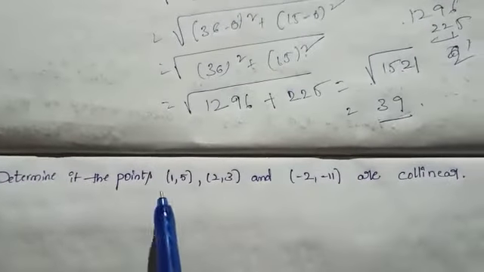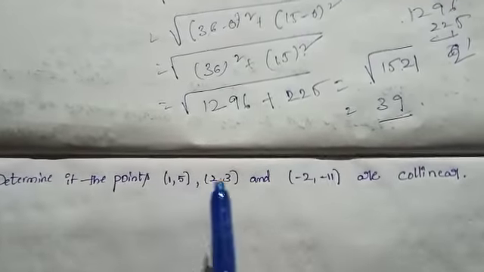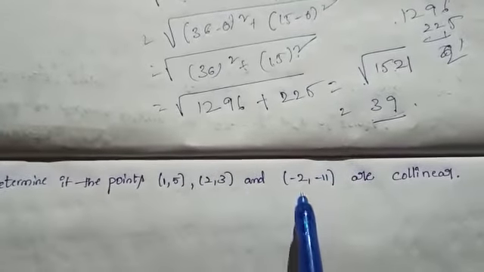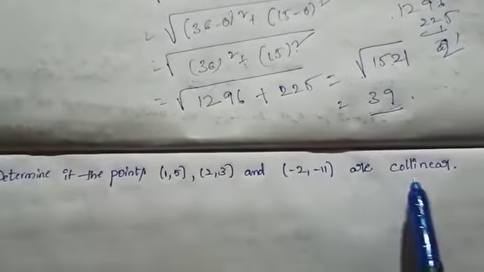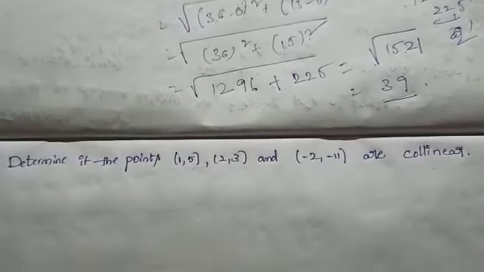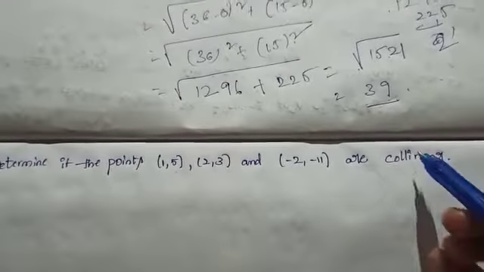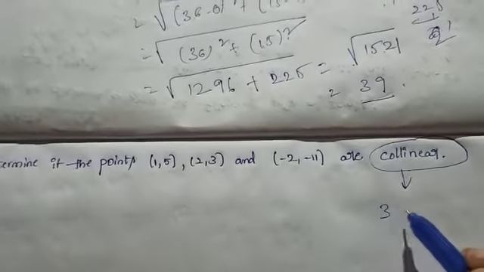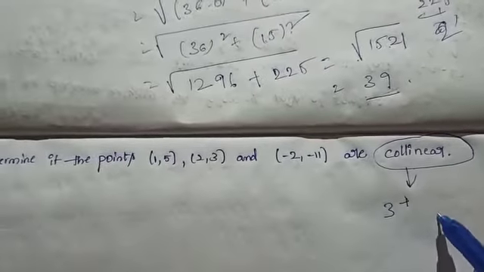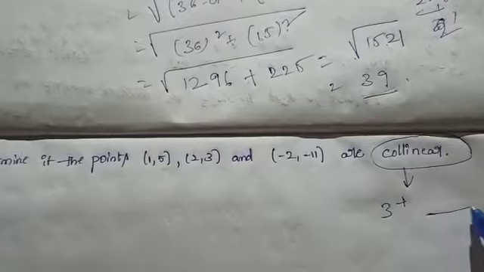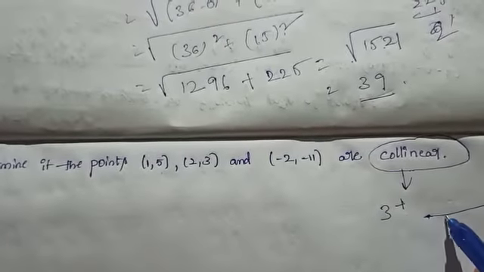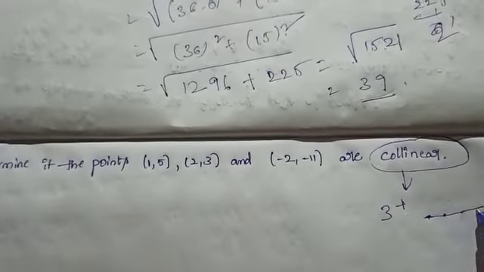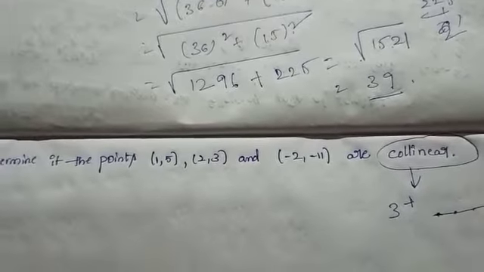Determine if the points (1, 5), (2, 3) and (-2, -11) are collinear. We know collinear means three or more points lie on the same line. Three or more points lying on the same line is called collinear.